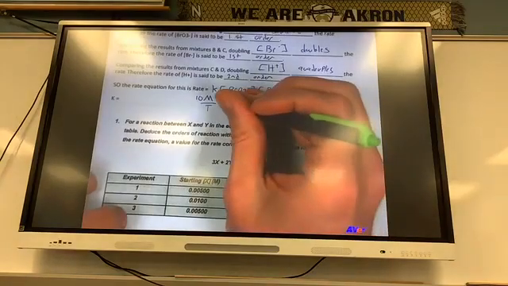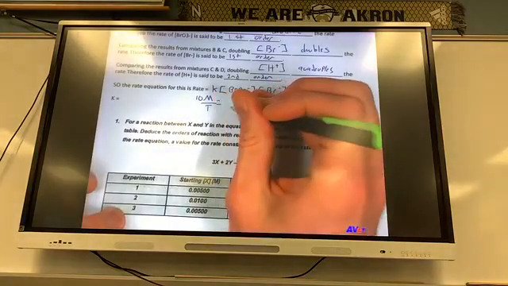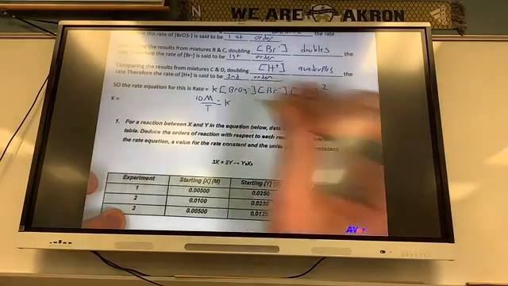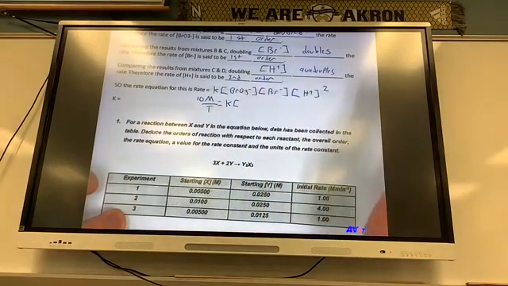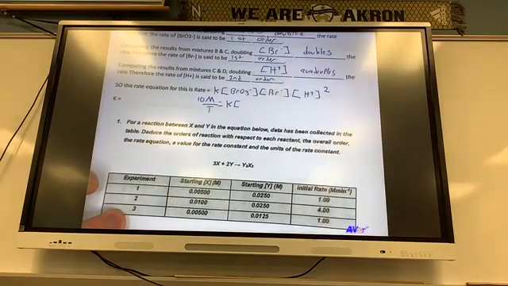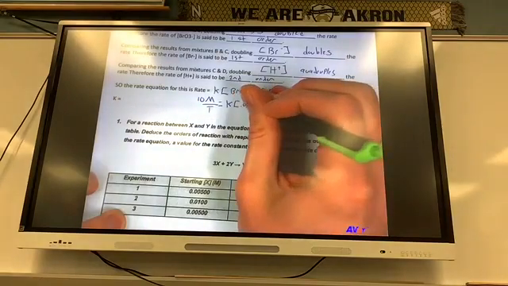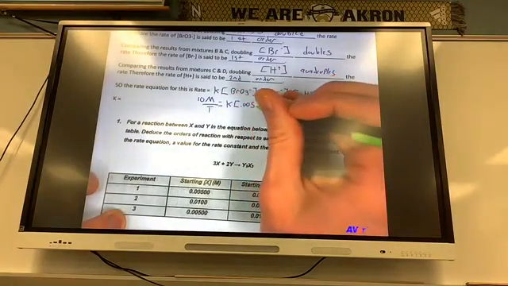That is equal to k, which is what I'm solving for, times the concentration of BrO3⁻, which is, in the first, we're doing just letter A, 0.005, and make sure you leave units, because units are important here.